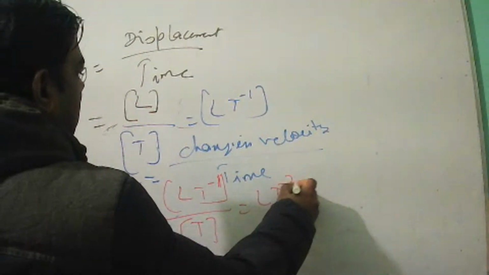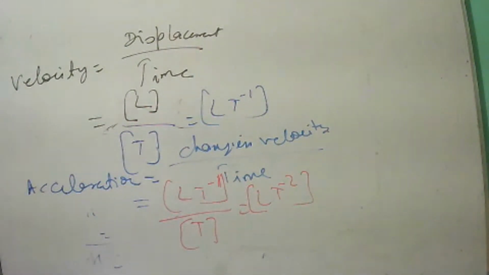So total dimension formula will be LT minus 2. Understood?